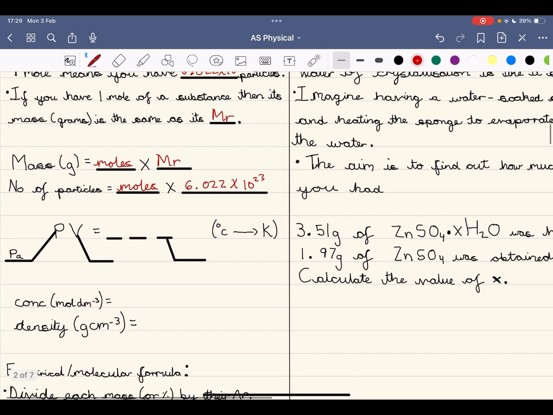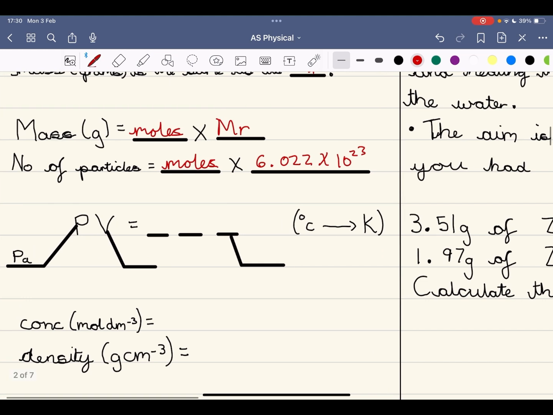And then we have this formula for the ideal gas equation that pressure times volume is equal to moles, which is given by n, R, and T, which is temperature. And the volume is in meters cubed, and the temperature is in Kelvin. And to go from degrees Celsius to Kelvin, we add 273.